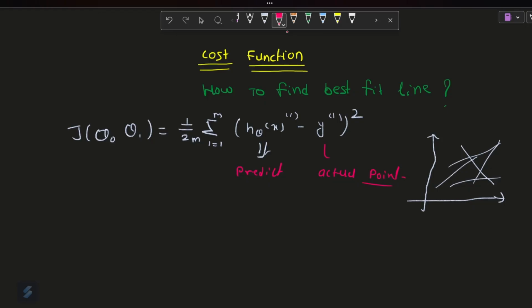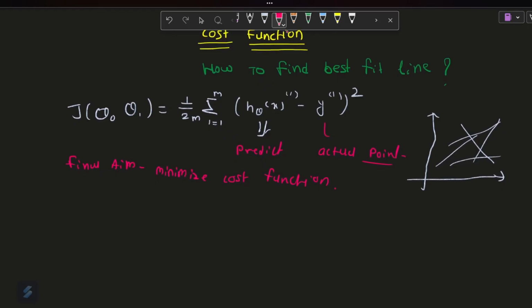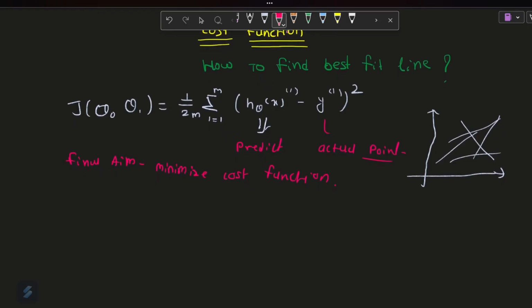This is your final aim: to minimize the cost function.